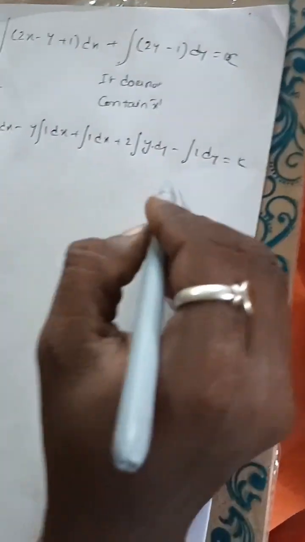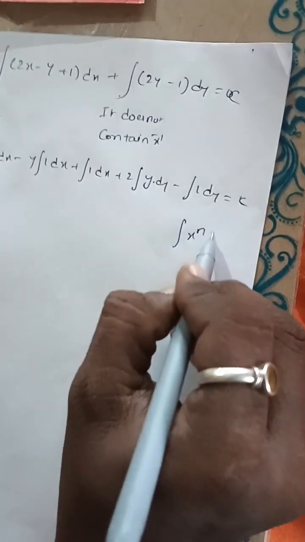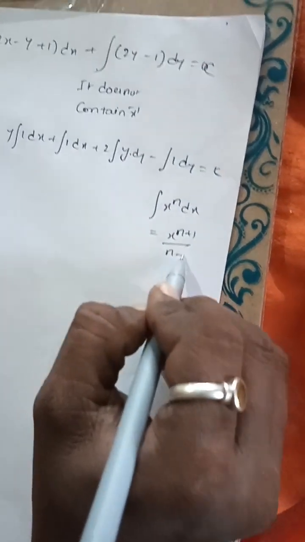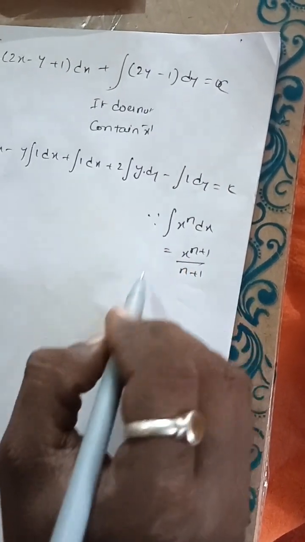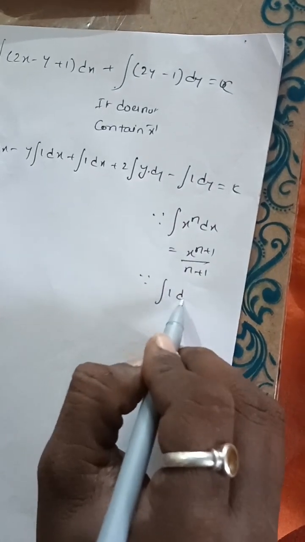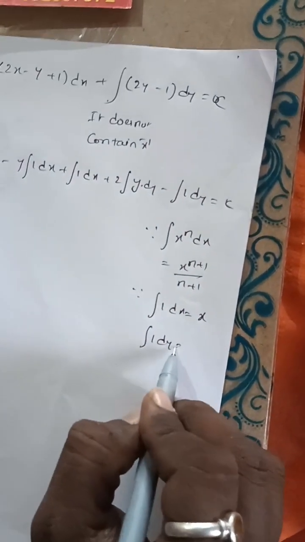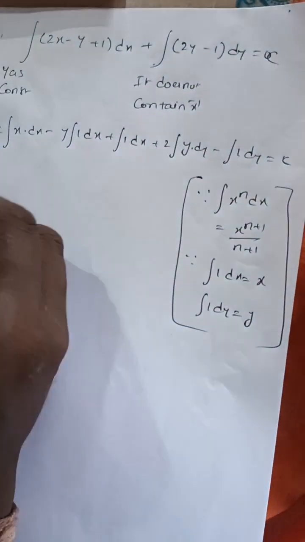Now we know the small formula: integration of x power n dx is x power n plus 1 by n plus 1. Integration of 1 dx is x, integration of 1 dy is y. These are the basic formulas.